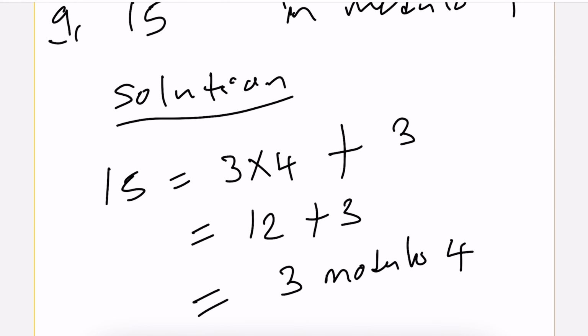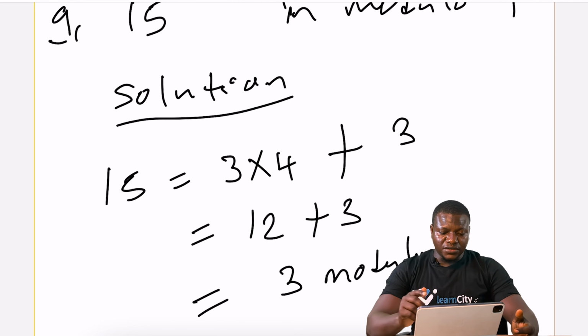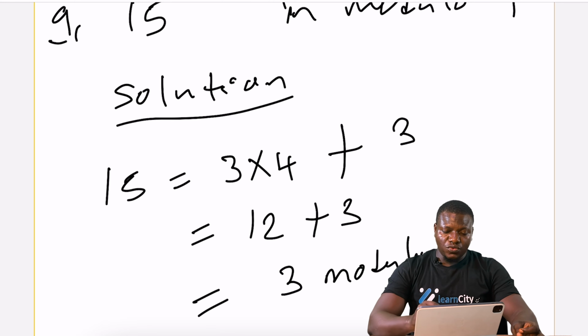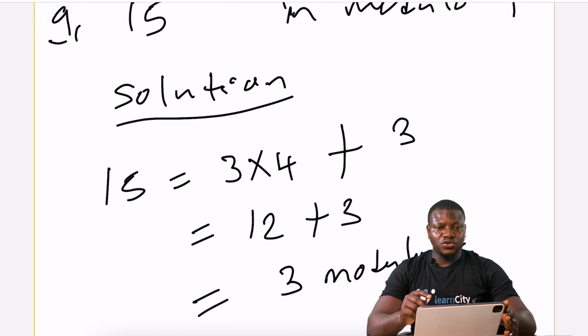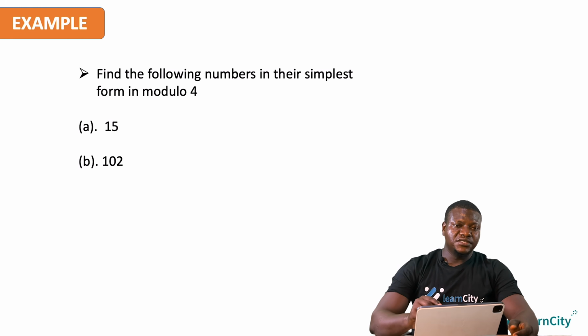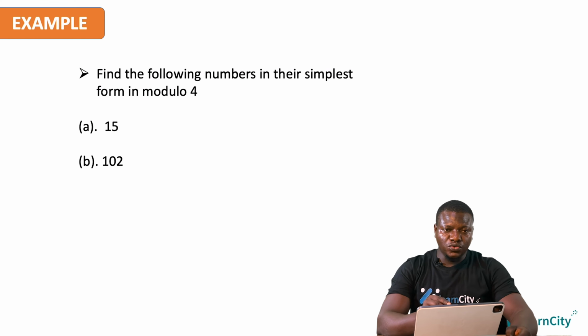Because 12 is a multiple of 4, we forgo it and stand with our remainder.